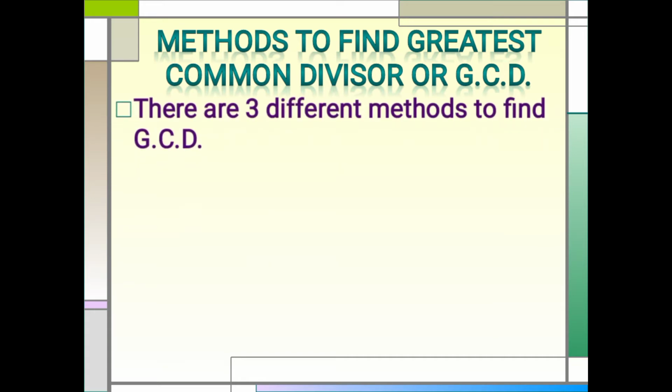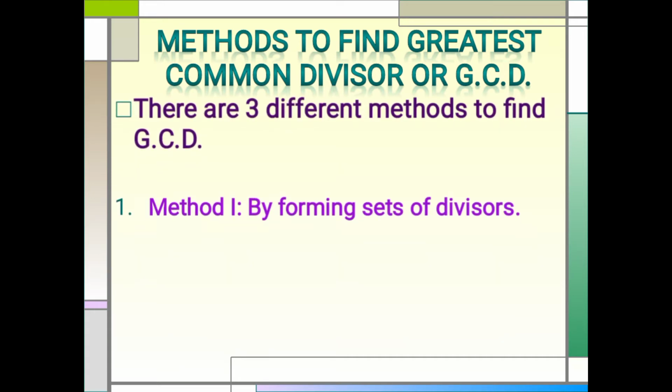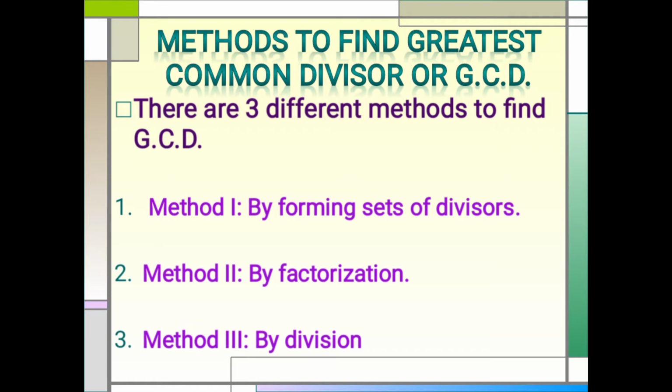Number one is by forming sets of divisors, number two by factorization, and number three by division. So, basically, there are three different methods to find GCD. Let's quickly explain all these topics.